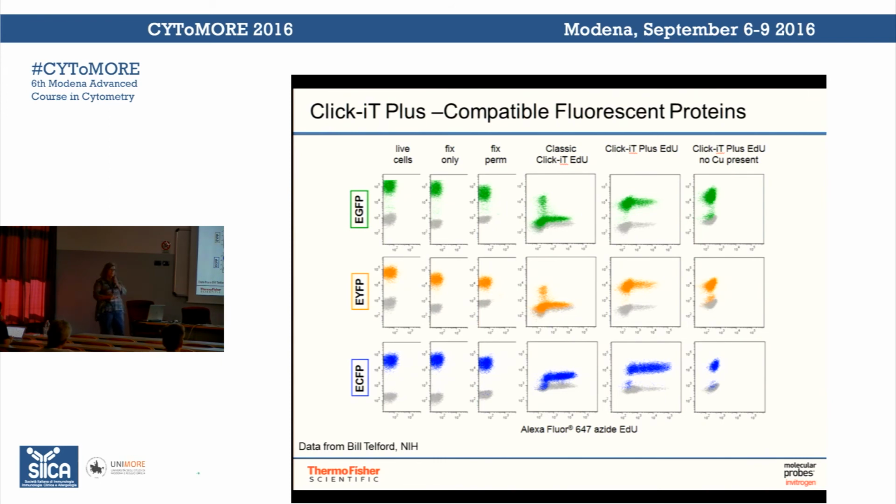With the classic, the original Click-iT kit, you see this sort of variable reaction, but with the Click-iT Plus, you get a nice discrimination, and then once again with the Click-iT Plus without the copper in, so you can see this is a very nice control. So this is compatible with any fluorescent protein that would survive fix and perm.